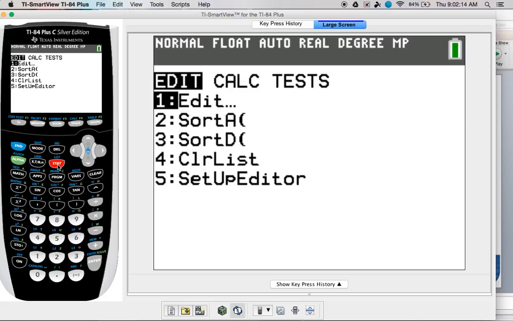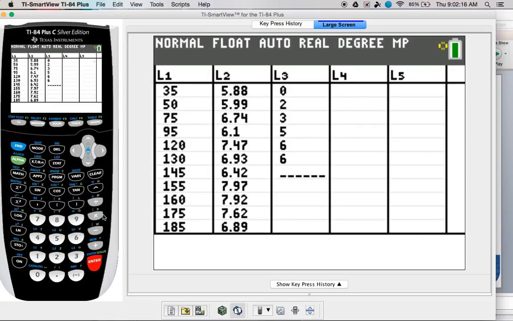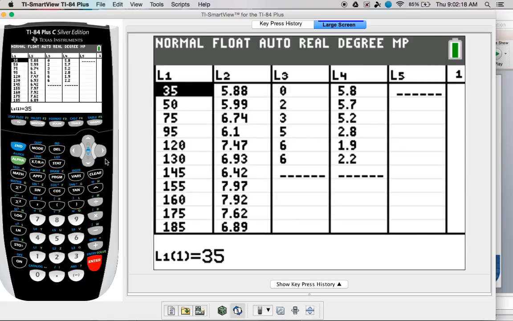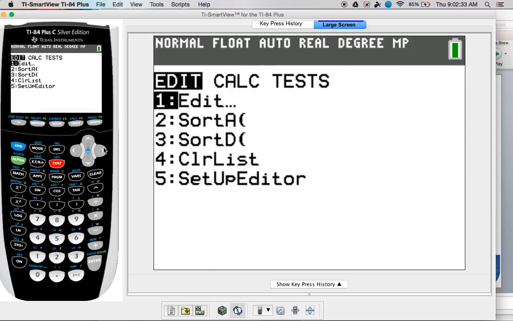So stat, right? Edit. Now I already have information from possibly other classes in here, and I'll just use any of them. It may not even be a good linear fit, but I just want to show you how this will compute out R and R squared. So let's take, I don't know, L3 and L4, a small sample set here. Once again, stat.